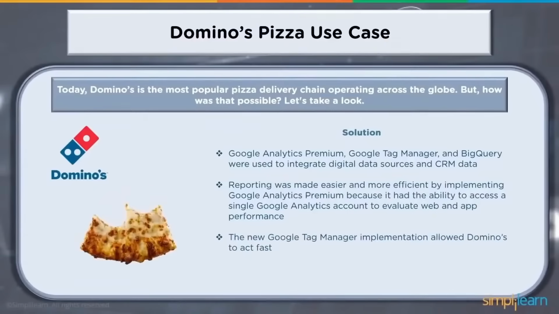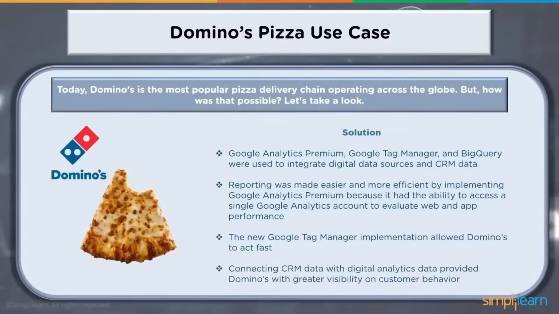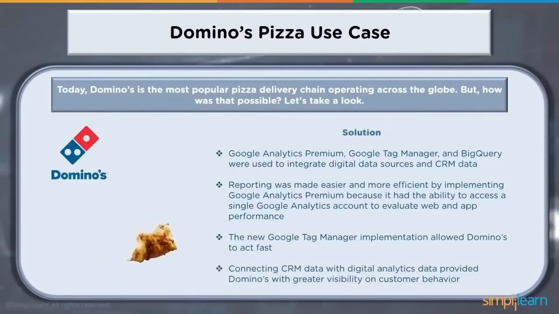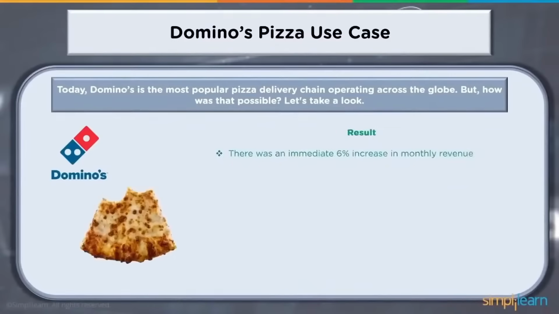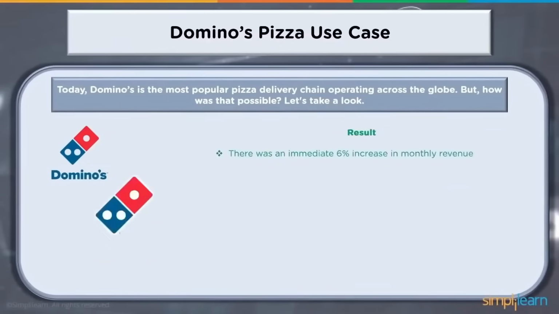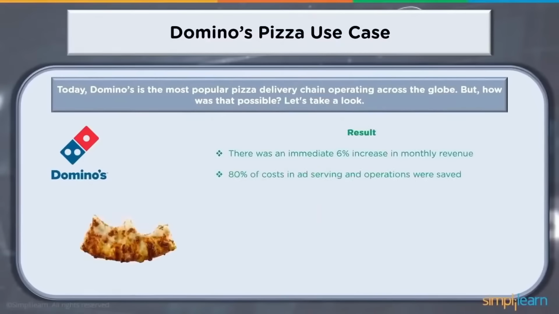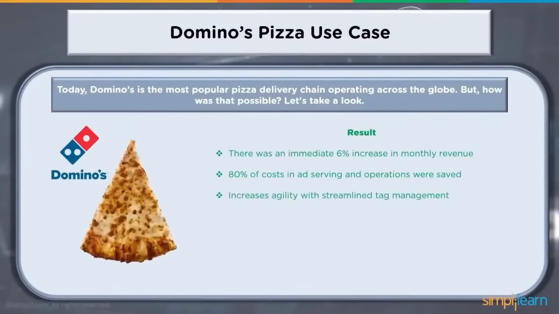By using the new Google Tag Manager implementation, Domino's was able to act fast. They were able to connect CRM data with digital analytics, which provided Domino's with greater visibility on customer behavior. What was the result? There was an immediate 6% increase in monthly revenue, 80% of costs in ad serving and operations were saved, and agility increased with streamlined tag management.